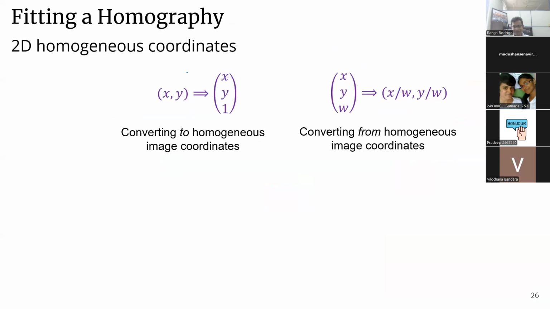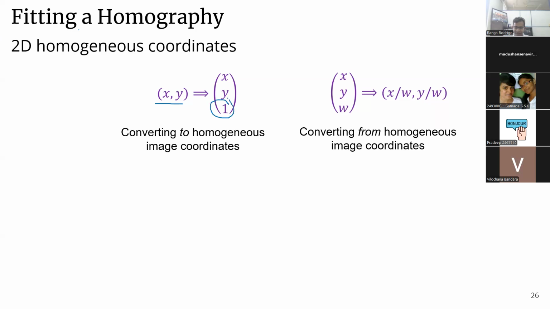Okay, so now let's see how to find the homographies. A little thing about converting between so-called homogeneous coordinates and regular Cartesian coordinates. It's this. So you saw that when we wrote those equations, we converted xy to x, y and 1, right?